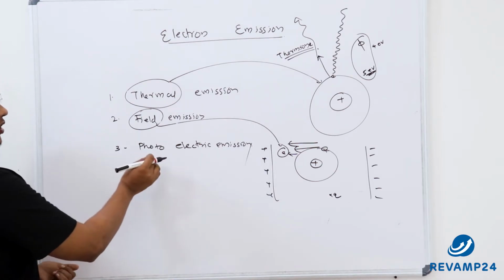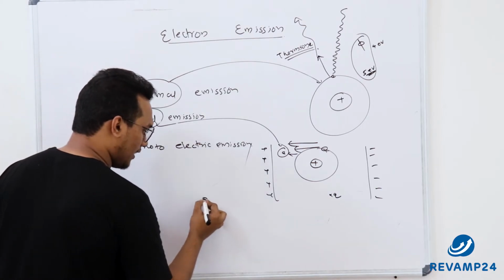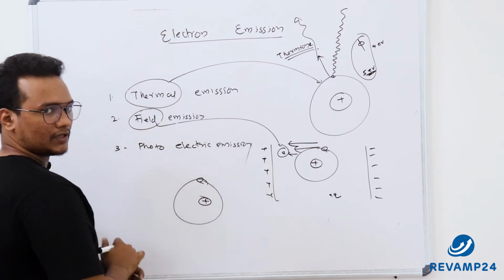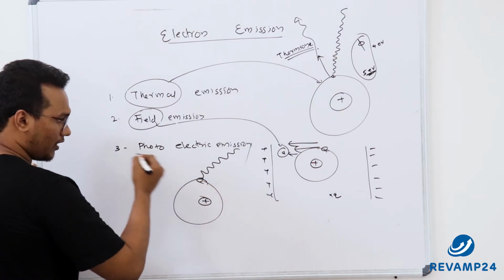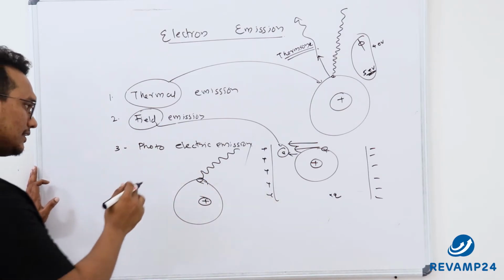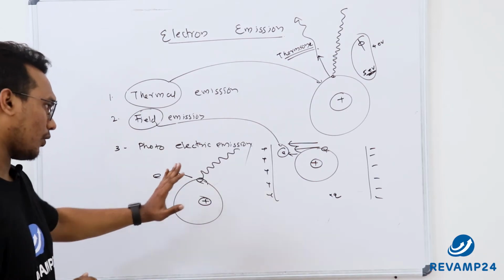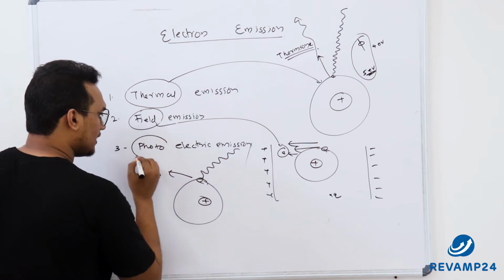Next is photoelectric emission. In photoelectric emission, we know that we have a nucleus and electrons in an atom. When light having sufficient energy falls on an electron, these electrons will come out of the metallic surface, and this process is called photoelectric emission, because the cause here is a photon.